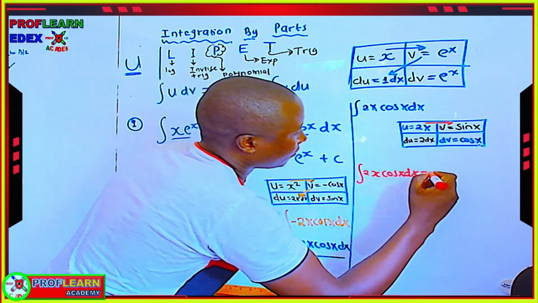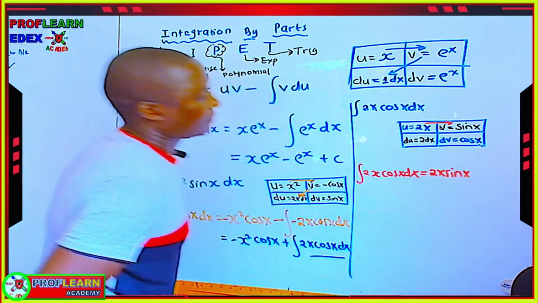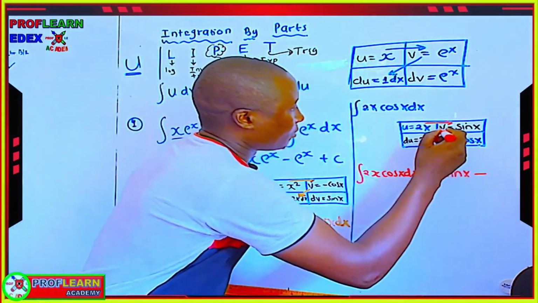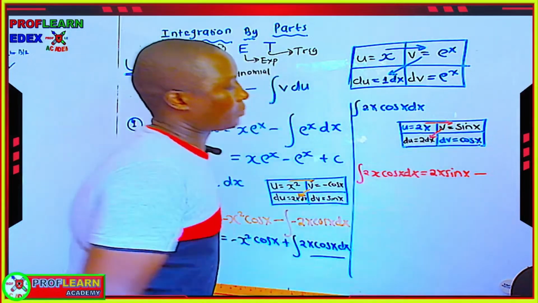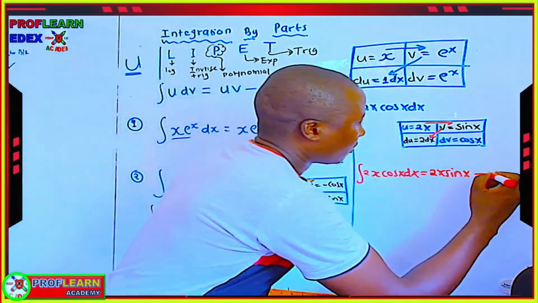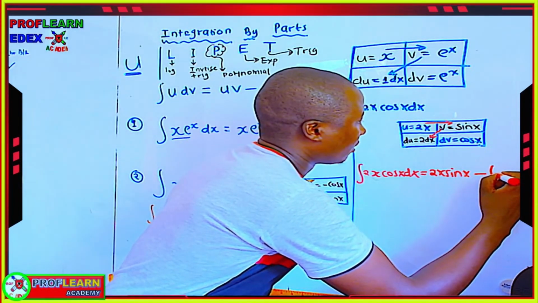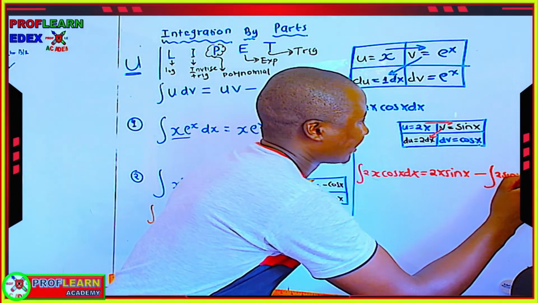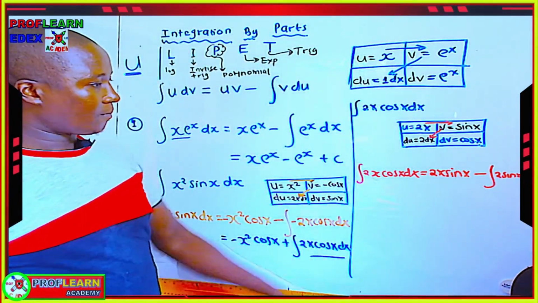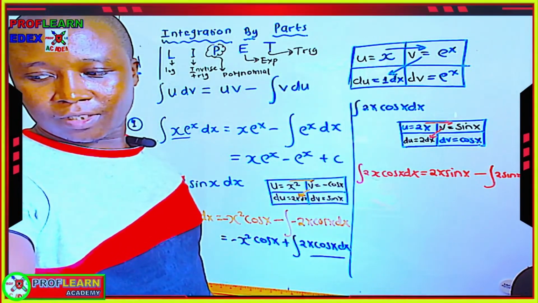Multiplying this and this, it will be 2x sine x minus, because we are multiplying diagonally, we subtract. So it will be minus integral of 2 sine x dx, as our term at this given point.